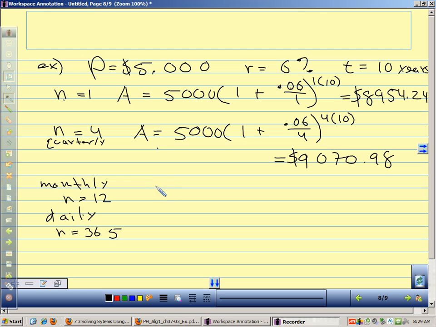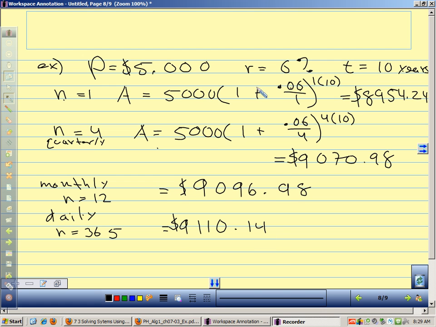And if we plug these in, we would come up with our amount if we compound monthly, which is 9096.98. And if we compound daily, we get 9110.14. Just going through the same computation.